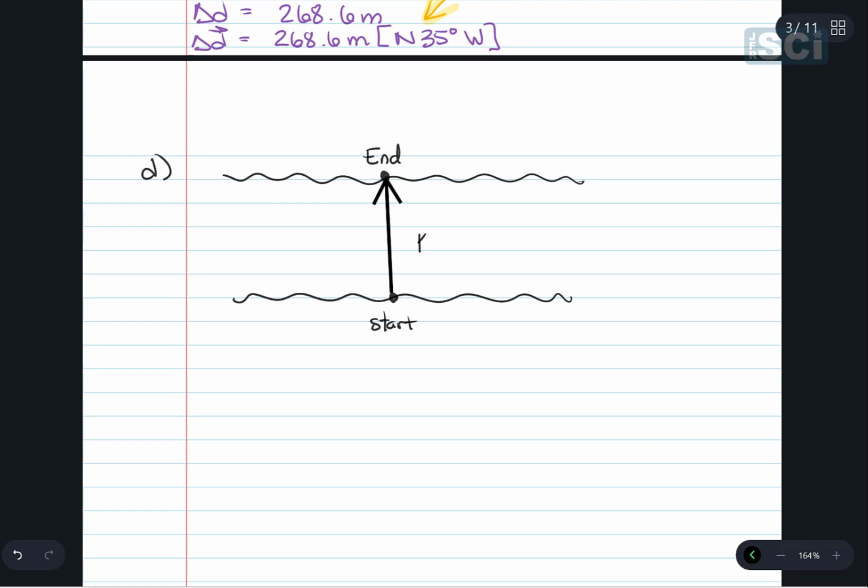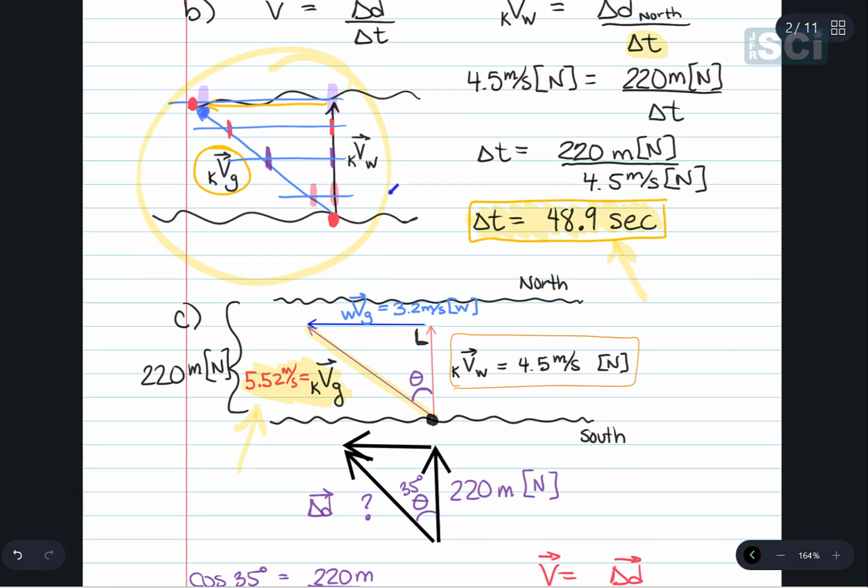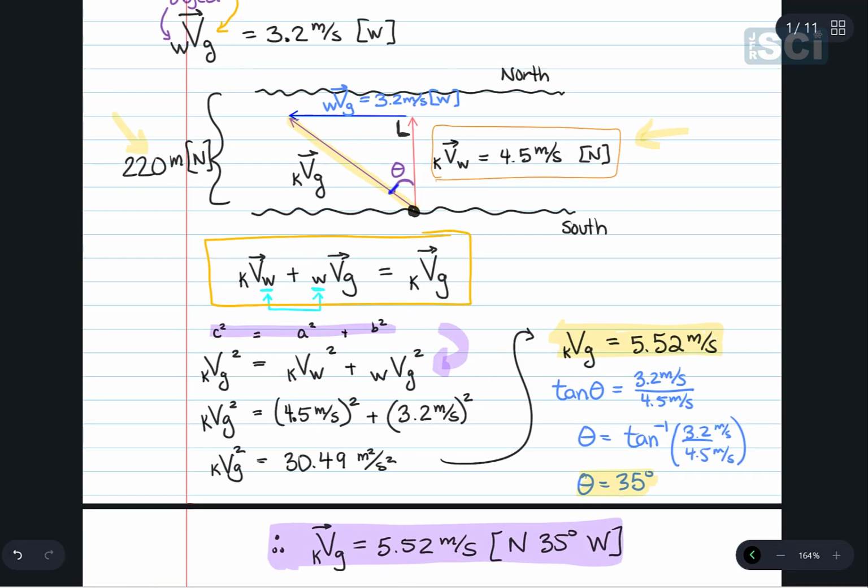That's what I want to happen. I want the kayaker to move straight across relative to the ground, right from the south shore to the north shore. Now the problem is the river is flowing. The river is still flowing to the left, west. So if we aim straight across, we're going to end up going west.